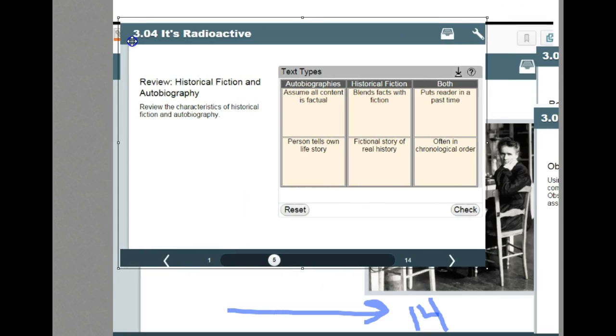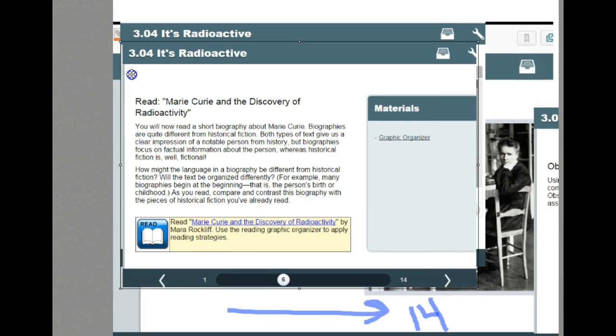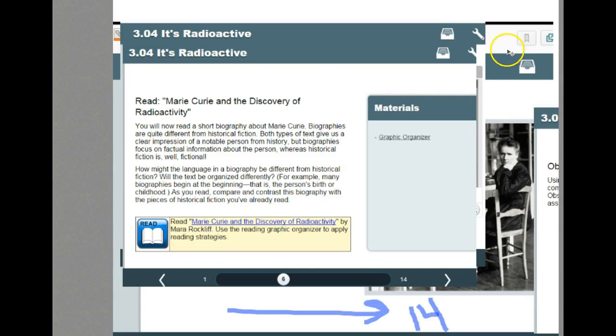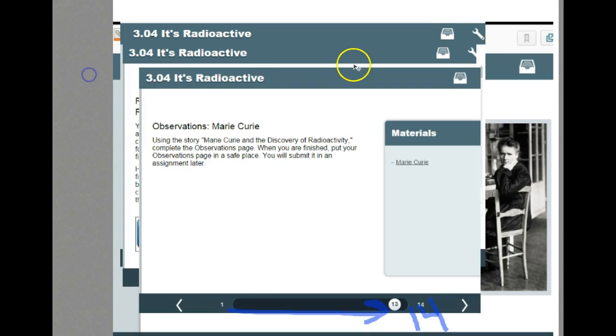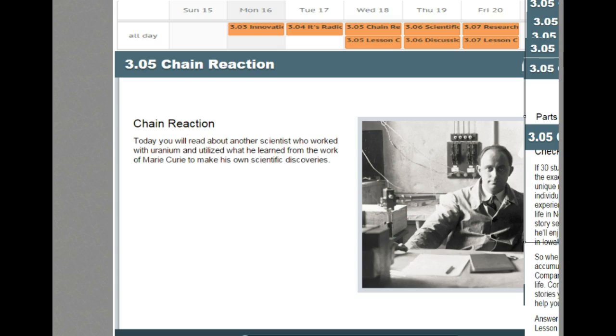And then this one shares an autobiography link, so you compare the autobiography with the historical fiction from our book. So our book gives us a historical fiction to read about Marie Curie, gives you a link to an autobiography, and then you compare and contrast the two. Here's a link to the story itself, and there's a graphic organizer, and then you get the observation sheet that, again, I'm not going to be collecting, but you should complete.